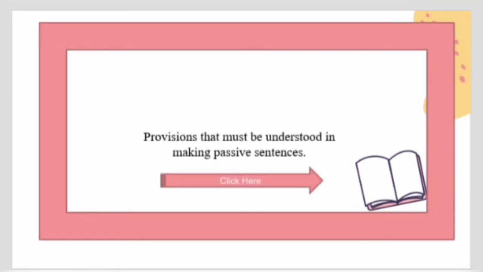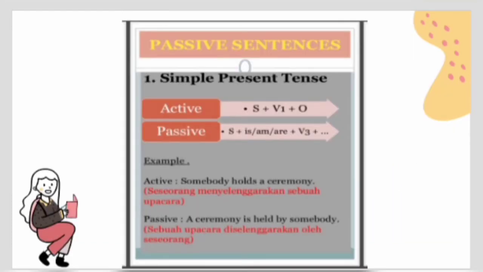There are some provisions that must be understood in making passive sentences, namely, the first is simple present tense. The formula of the active sentence for simple present tense is subject plus verb 1 plus object.